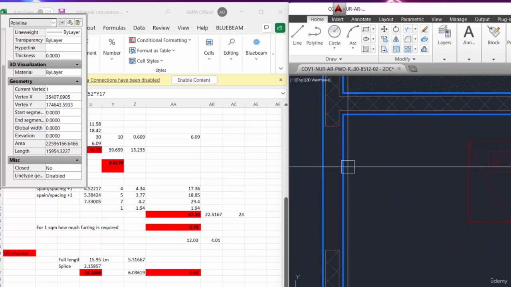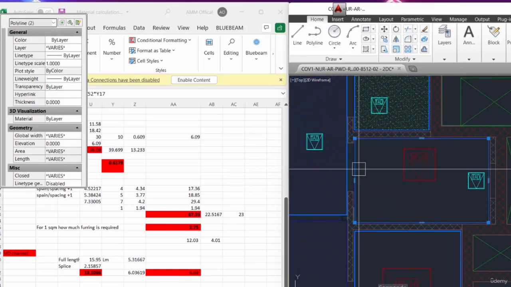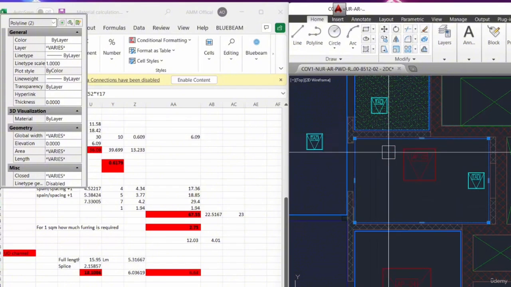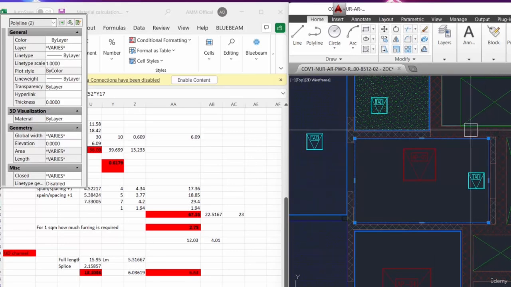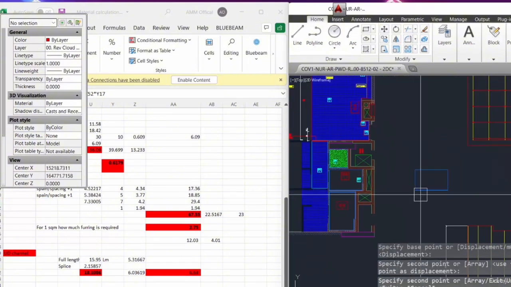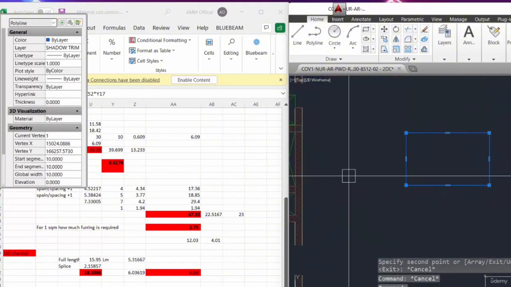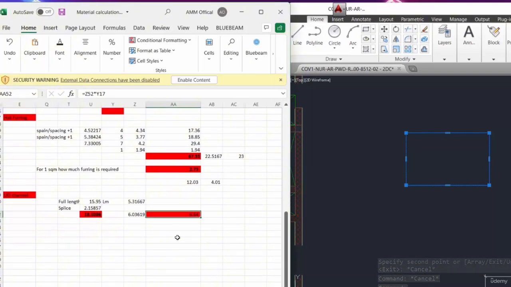However, if you have an area like this that is fully bound and you need to provide UD channel fully along the wall, because here we have a wall at the front, a wall at the side, and also a wall on this side and this side, it means we need to consider this as a full UD channel. So I will get the length, that is 8.12 meters.